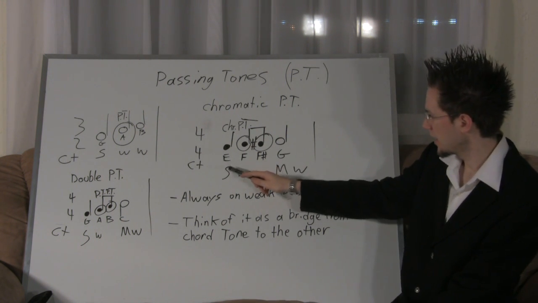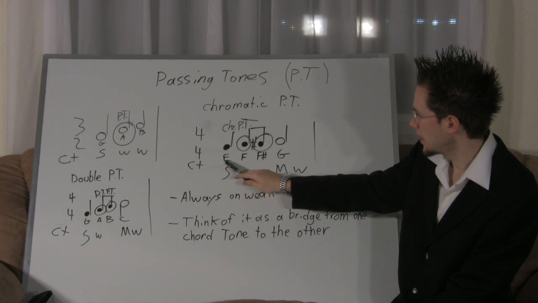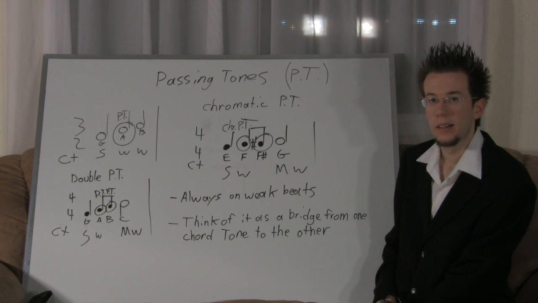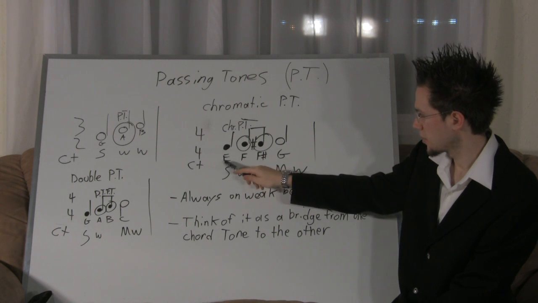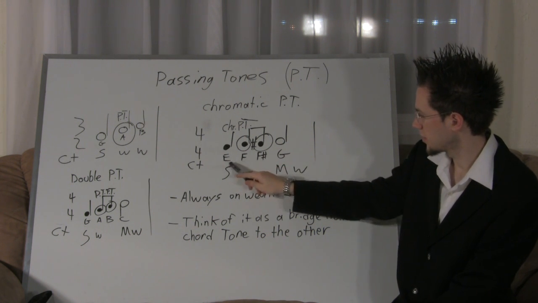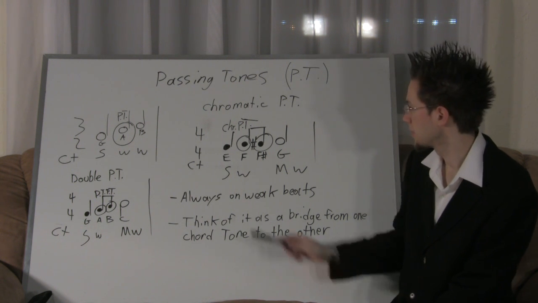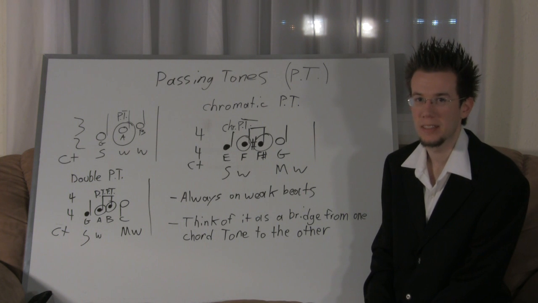So an example here, these are very simple, just to give you the idea: we've got E, and then we have F, F sharp, G. So which one's the chromatic passing tone? Both of them are. Because from E to F, that's a chromatic semitone, right? Well, actually it's not a chromatic semitone, but as we know, chromatic would be the same letter name.